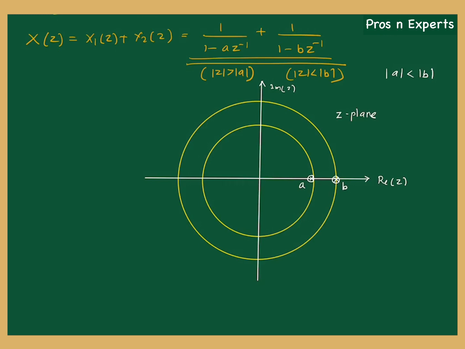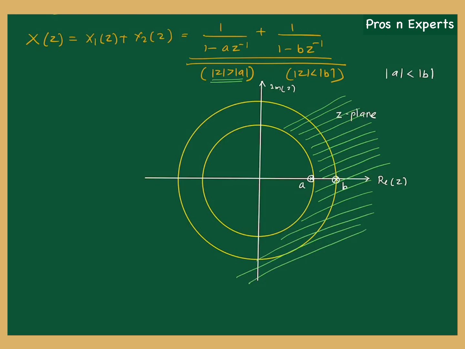The first term has mod z greater than mod a, right? So the ROC will be outer to the circle having pole a as the radius. So this is the ROC corresponding to the first term, mod z greater than mod a.